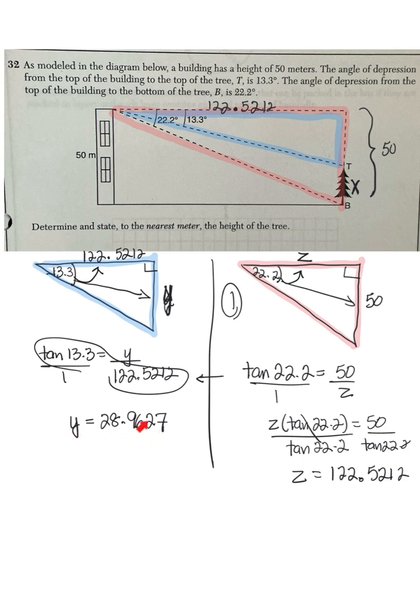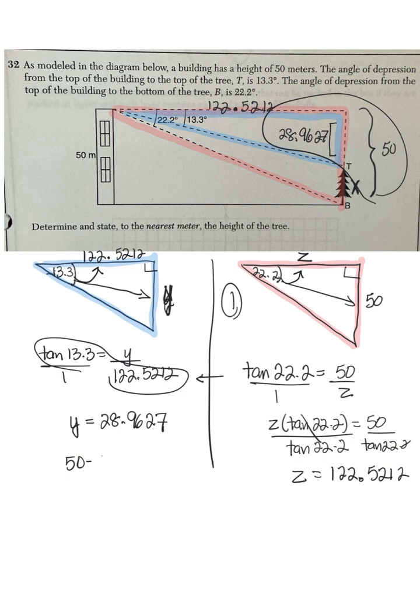But let's just take a look at where y is. So y is this blue piece right here, right? So let's find it up here. Y is this blue piece right here. Okay, so that right here is the 28.9627. Okay, so then the goal is to take these two and subtract them.